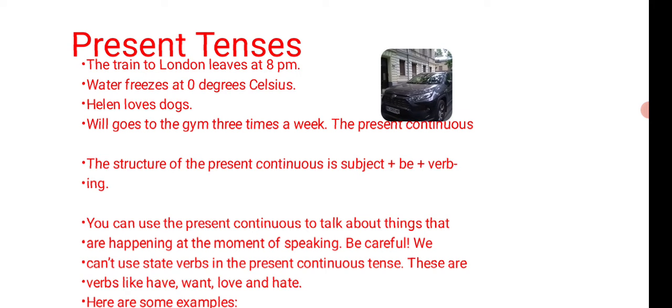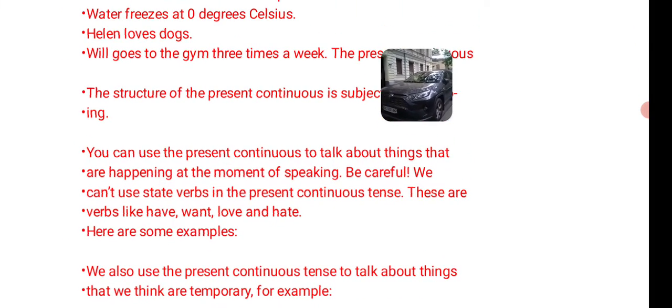And the present continuous tense is subject plus be plus verb ing. You can use the present continuous to talk about things that are happening at the moment of speaking. Be careful, we can't use state verbs in the present continuous tense. These are verbs like have, want, love, and hate.